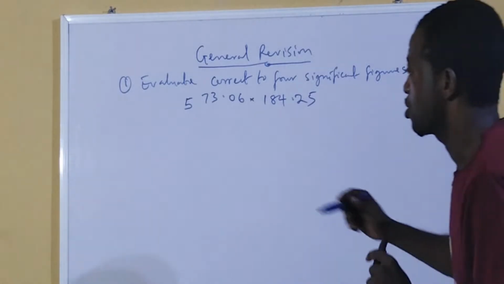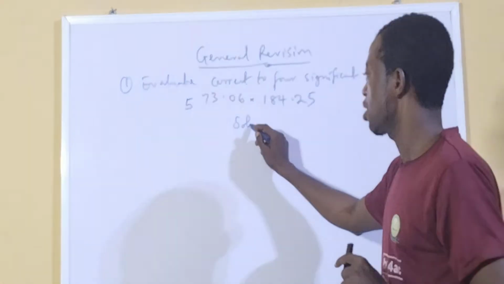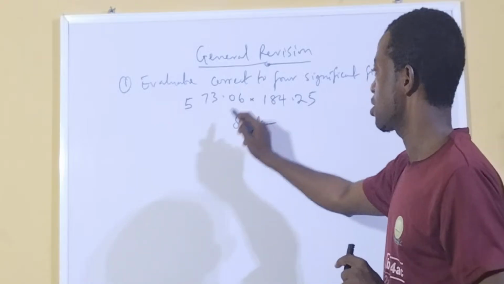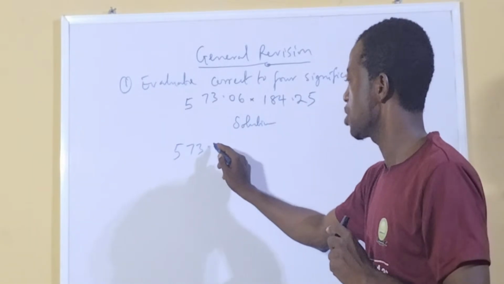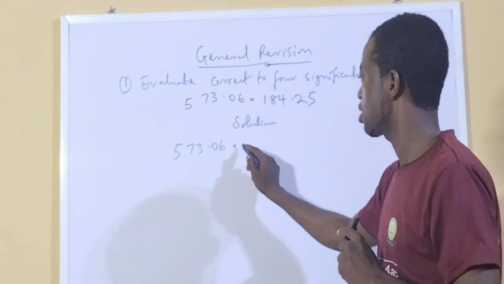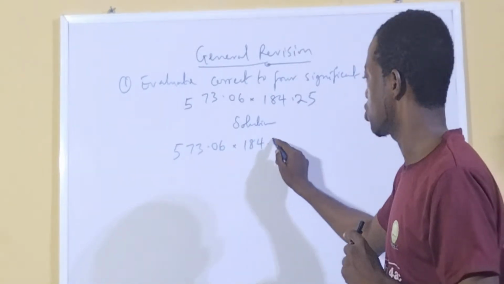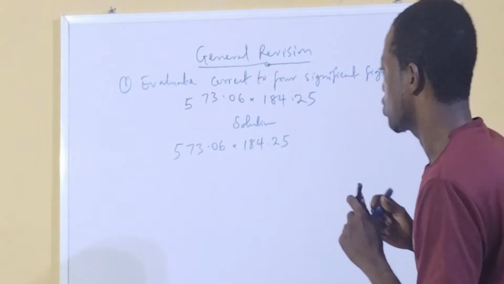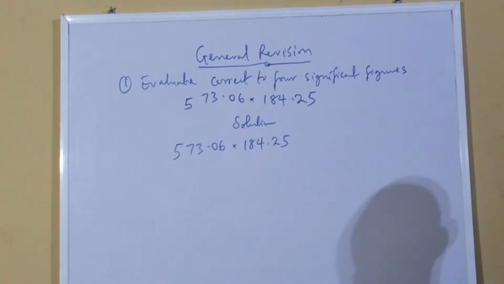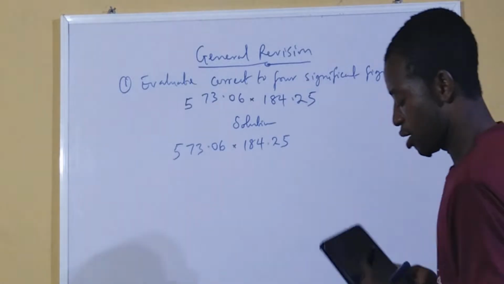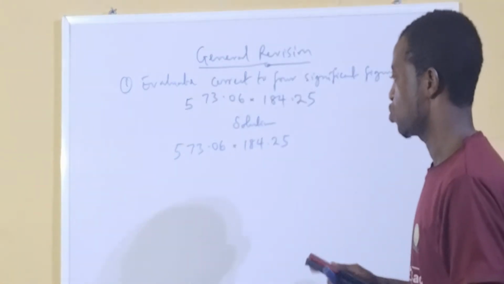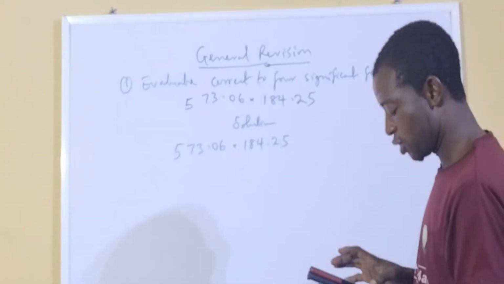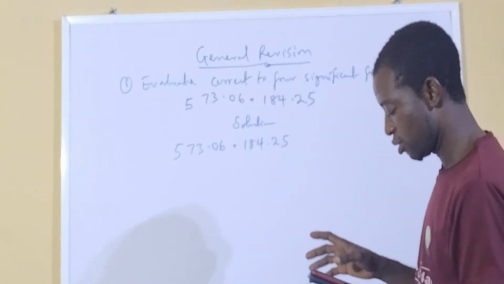From what we have here, the solution: we can multiply this. As this, we have 573.06 times 184.25. Using a calculator, we multiply this, and we just need to round our answer to four significant figures.